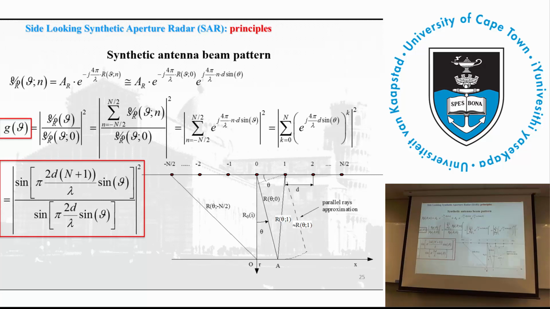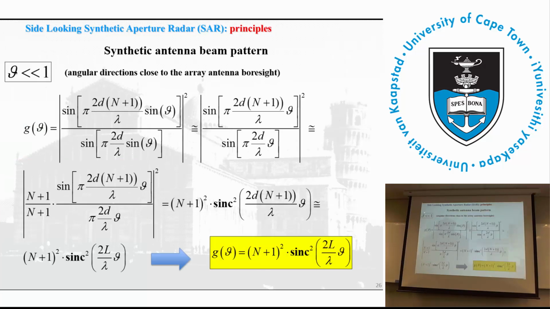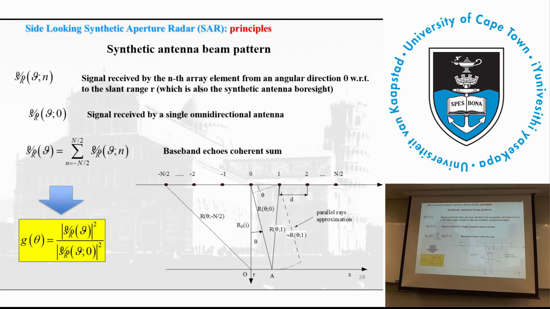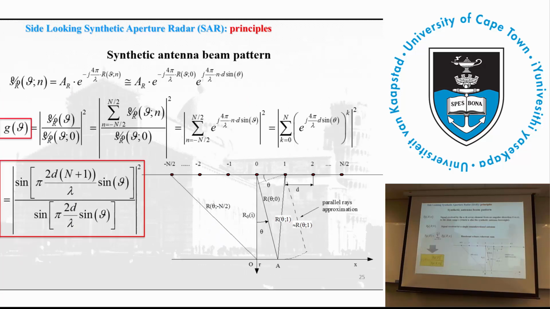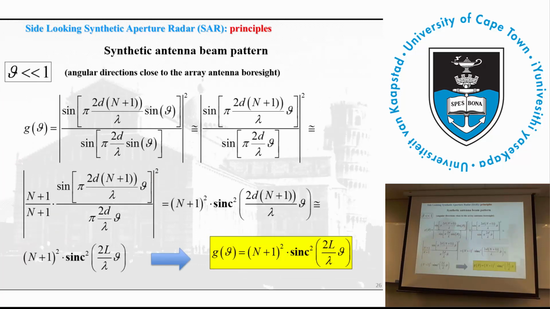Now, if we look at the particular condition where theta is much less than 1, and why we're looking at that condition: I want to remind you that we're trying to look down here, so theta is going to be very close to 0 if I want to achieve a very fine beam. In that condition, this simplifies because the sine of theta becomes theta, and same here.